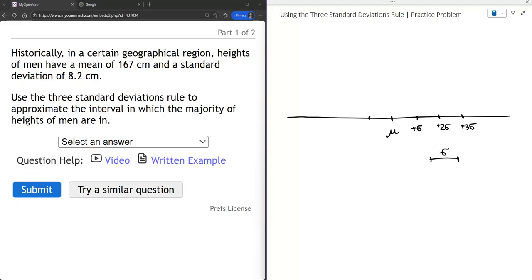And then we go the other direction: minus sigma, minus 2 sigmas, and minus 3 sigmas. Well, the 3 standard deviations rule says that most of the data will be here, within 3 standard deviations. Anything outside of this range is going to be called an outlier.